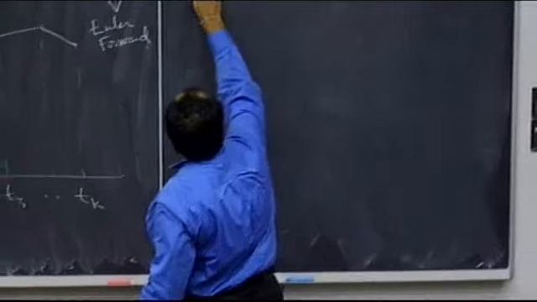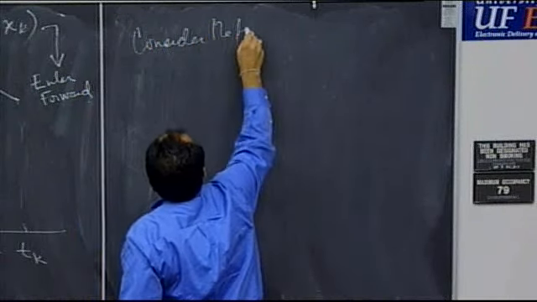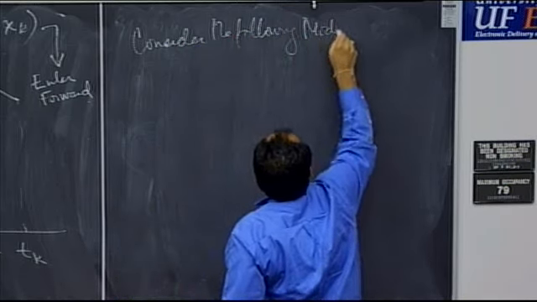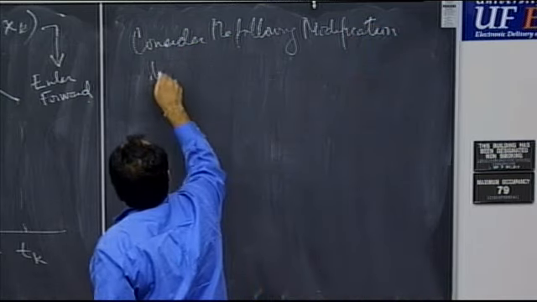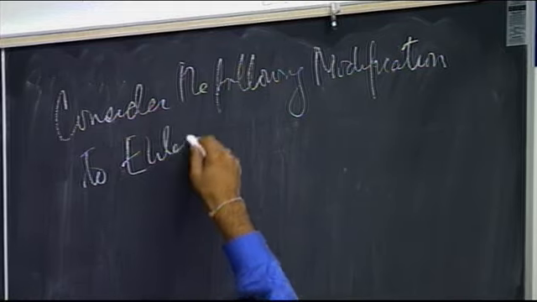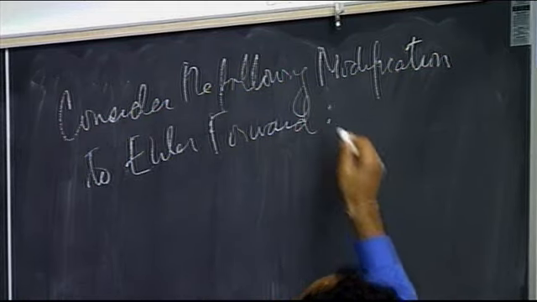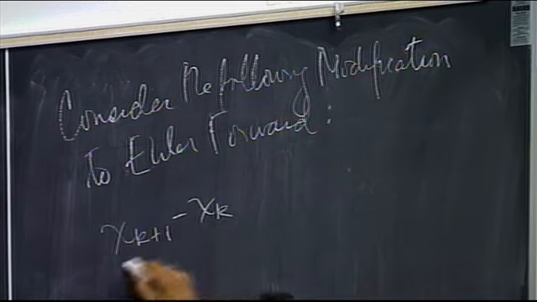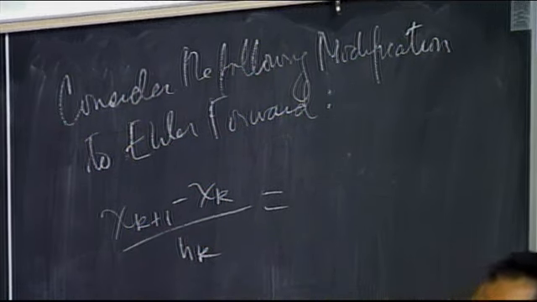So consider the following modification to Euler forward, which is this. So instead of writing what we had, we take the finite difference, that remains the same.